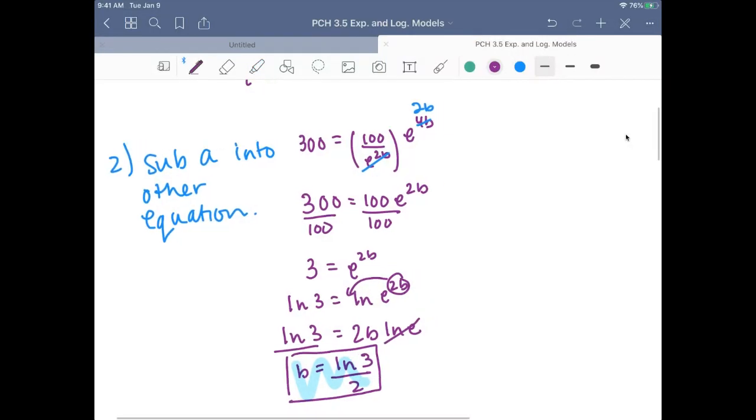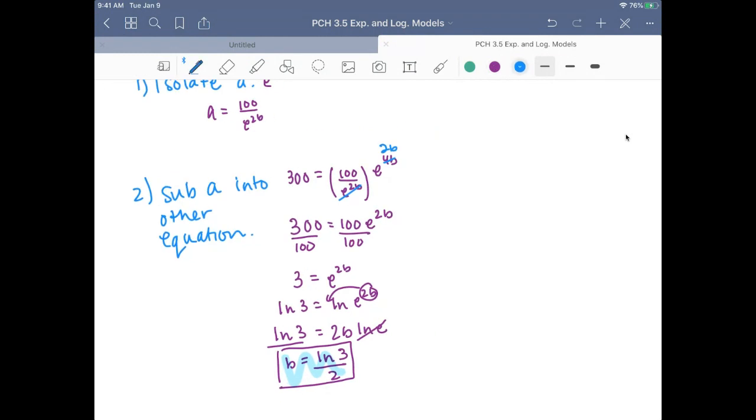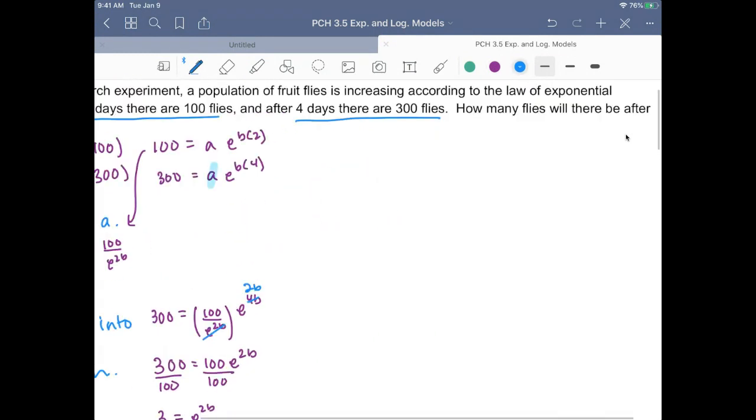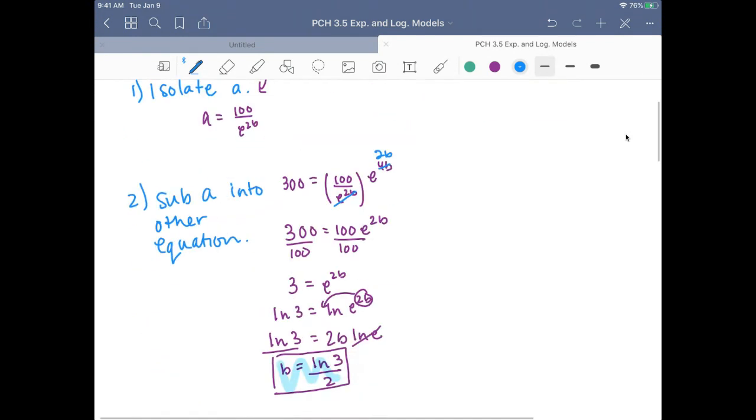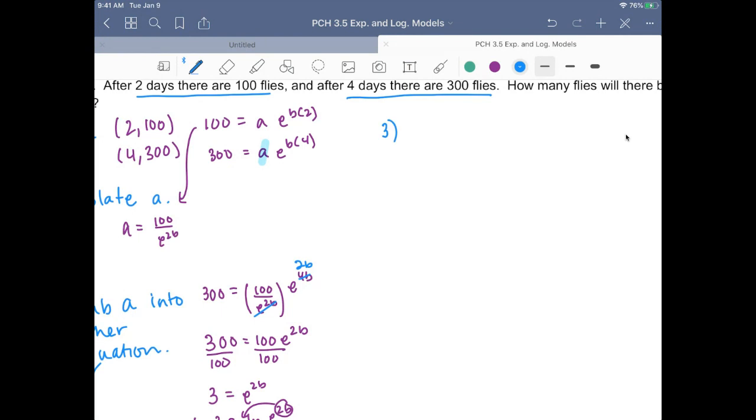What we're going to do next is solve for a using b. So we have this equation, a is equal to 100 over e to the 2b.